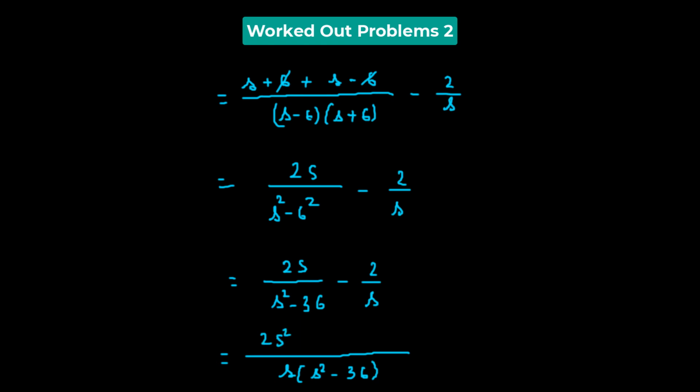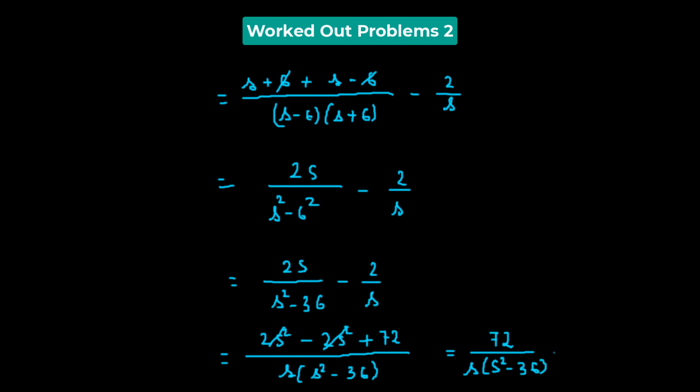So we have 2s squared minus 2 times s squared minus 36, so that will be 2s squared minus 2s squared plus 36 times 2, which is 72. So the 2s squared and negative 2s squared get cancelled, leaving us with 72 divided by s times s squared minus 36.